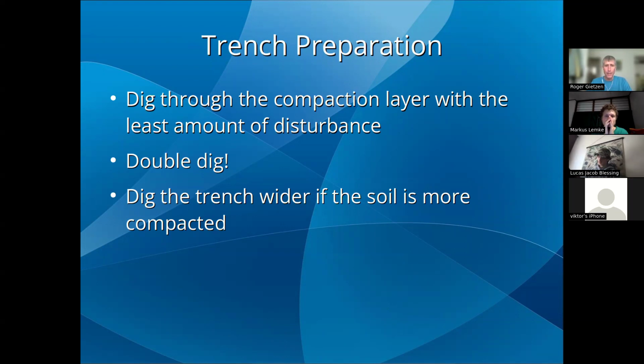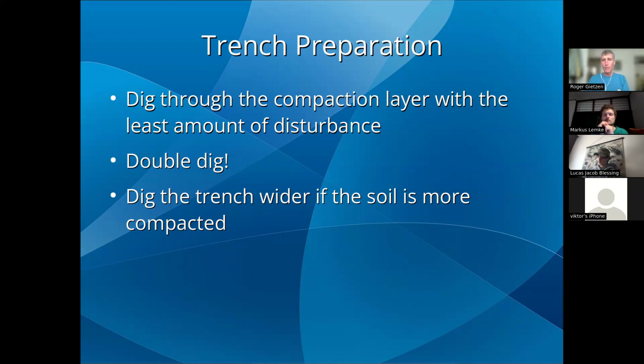And the basic goal: most property we encounter has a compaction layer, which means previous agricultural activity has caused a compression of earth beneath the surface of the soil. The depth and thickness of that compression layer is determined by the type of agricultural activity.